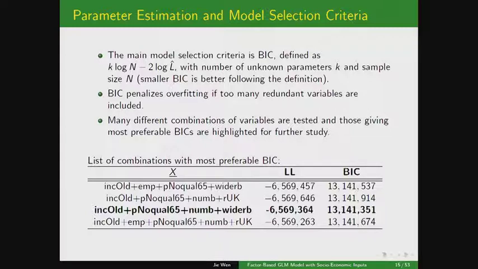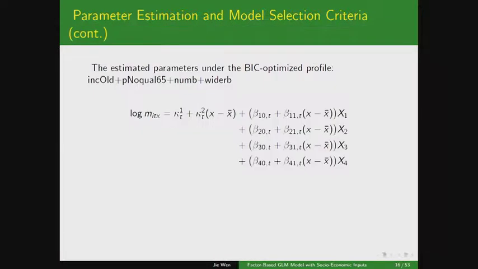And out of these 4 scenarios, the third one, the income old score, proportion of population without qualification above 65, number of bedrooms, and wider barrier score, gives the most outstanding BIC. So for today, we concentrate on this scenario and dig out more details. The model based on these 4 variables looks like this, where x1 to x4 are the 4 listed variables.